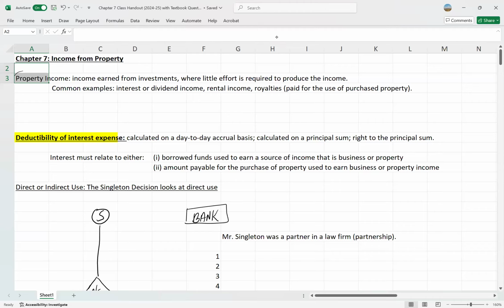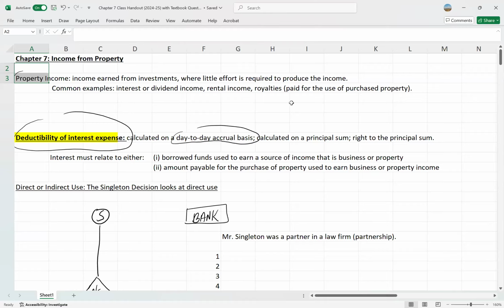What we're going to do first then is talk about the deductibility of interest. So when a business borrows money, they pay interest, and there's some basic rules as to when interest is deductible. So the income tax rules say that interest must be calculated on a day-to-day basis.